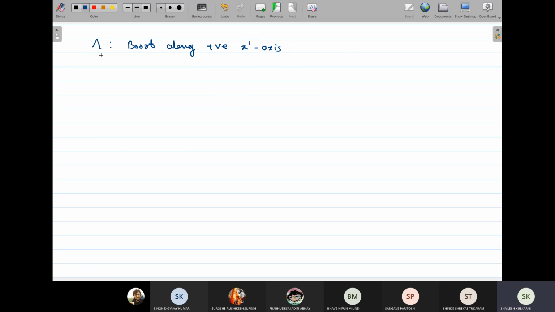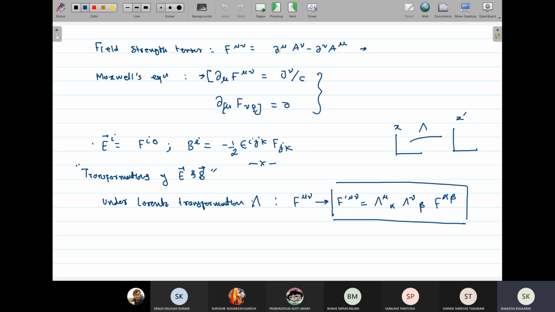So if lambda is the Lorentz transformation which is a boost along the positive x1 axis, that means the two frames are moving relative to each other. All the axes coincide, and this x prime axis is moving relative to the x axis, x1 and x1 prime, with velocity say v.